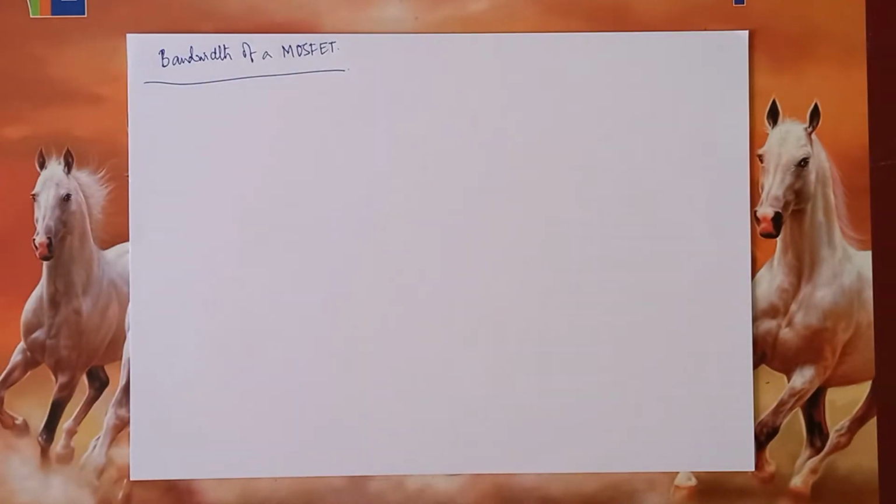So what do we mean by bandwidth? Well, in general, bandwidth refers to a range of frequencies over which we say that the device or a circuit actually works. But that is a very loose definition. We don't actually define what we mean when we use the term working.